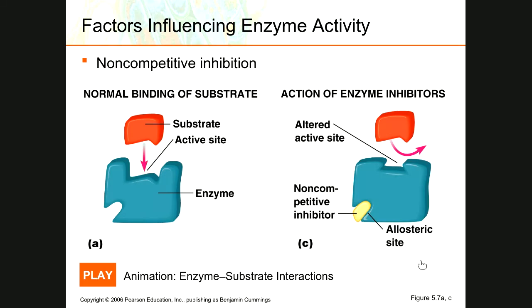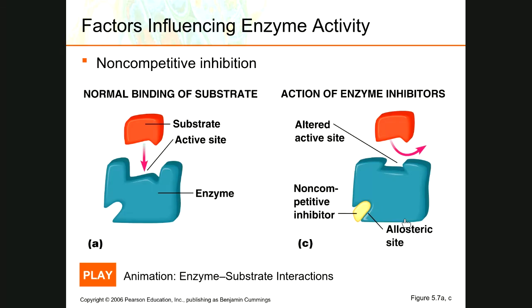Now, non-competitive inhibition involves enzymes that have this alternate binding site. We call this site the allosteric site. Not all enzymes have an allosteric site, but very often enzymes in metabolic pathways that produce a product do have an allosteric site.